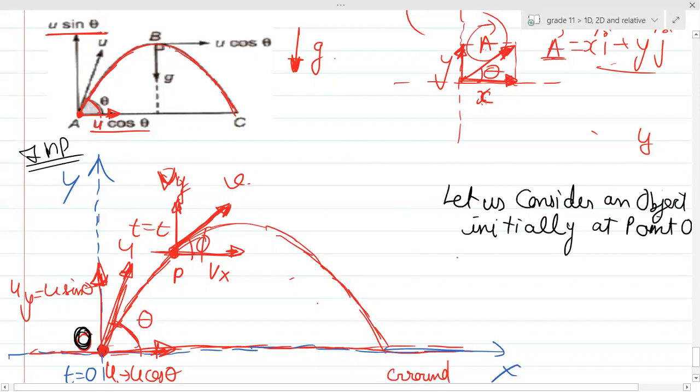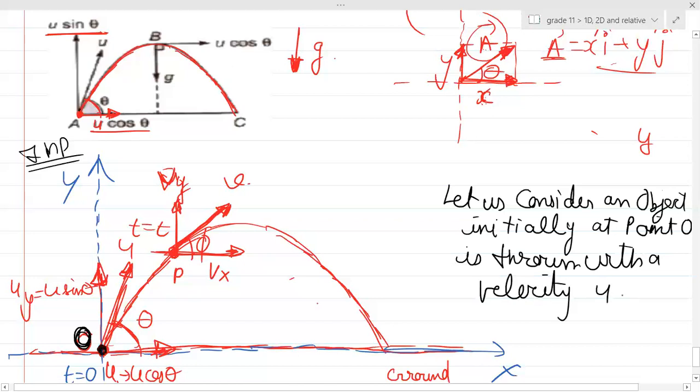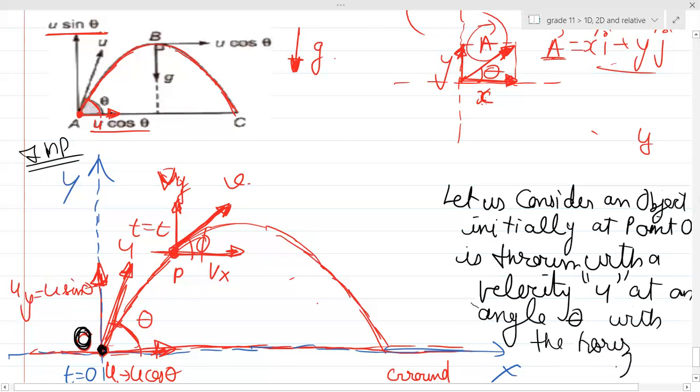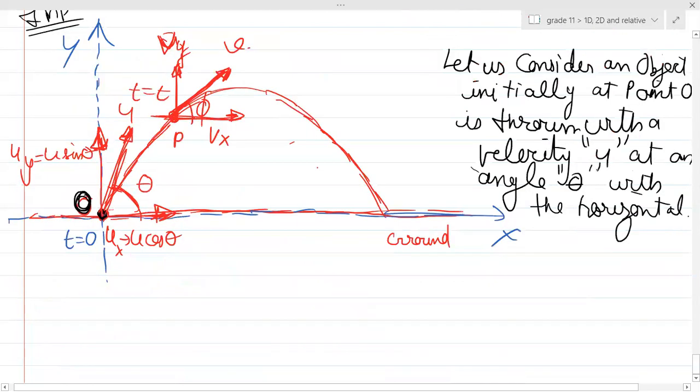Initially here is thrown with a velocity u at an angle theta with the horizontal. At an angle theta with the horizontal. So basically now can you see I have defined u and theta? Yes or no, guys? Yes, sir.